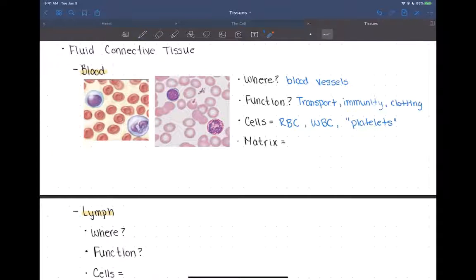So we're looking at the picture here. You can always tell a red blood cell from a white blood cell because red blood cells do not have a nucleus. This would be a red blood cell, and they look almost like donuts. If you're looking at a red blood cell from the top, it looks like it has a little donut in the middle. If we flipped this and looked at it from the side, it would look kind of like this.